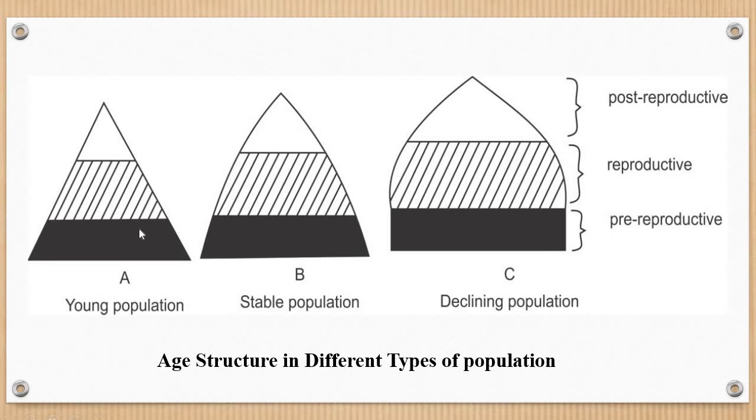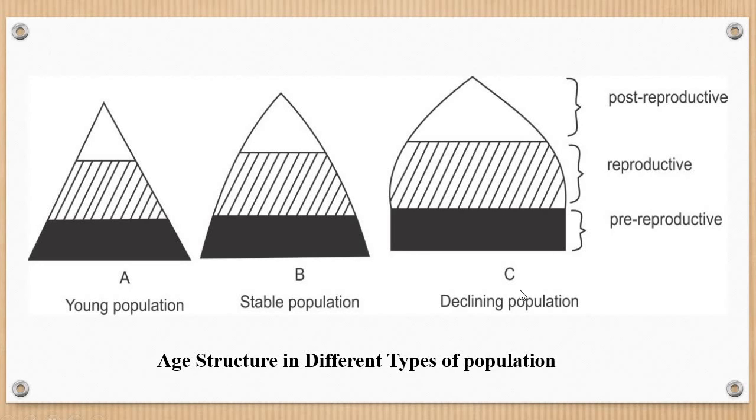Here also the proportion exists between the pre-reproductive, reproductive and post-reproductive. So as compared to these two, the population of pre-reproductive is always more. And here also, as compared to the post-reproductive and reproductive, the population of pre-reproductive is somewhat equal to the reproductive number of individuals.